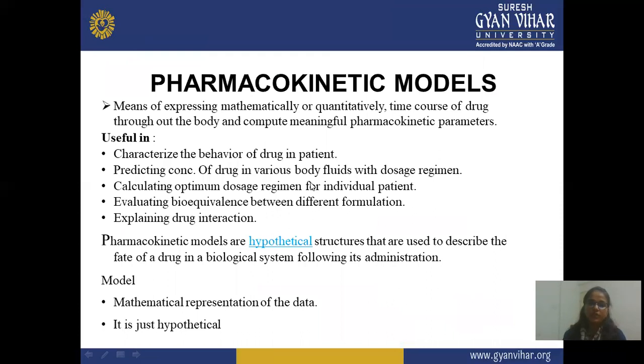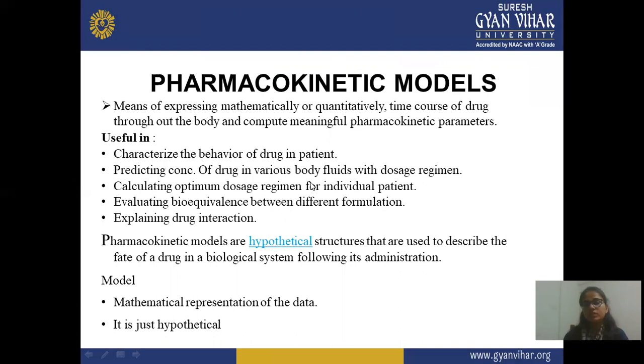A pharmacokinetic model is a means of expressing pharmacokinetically, or quantitatively, the time course of the drug throughout the body and computing meaningful pharmacokinetic parameters. Meaning this pharmacokinetic model is nothing but a mathematical quantitative equation or response that gives the time course of a drug in your body, or complete meaningful pharmacokinetic parameters.